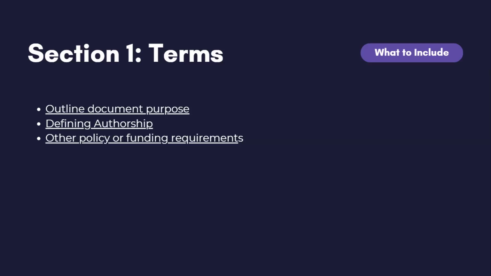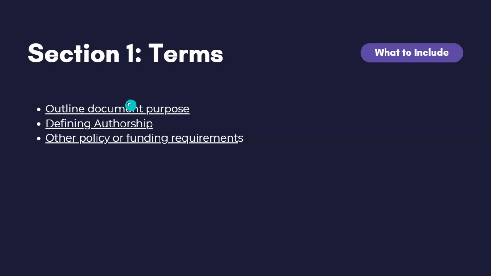I would then define what authorship is and under which terms you are agreeing to this. So are you using the ICMJE terms? Are you using COPE? Are you using maybe local terms that are in maybe an authorship policy that you have? I would include all of that in your terms.